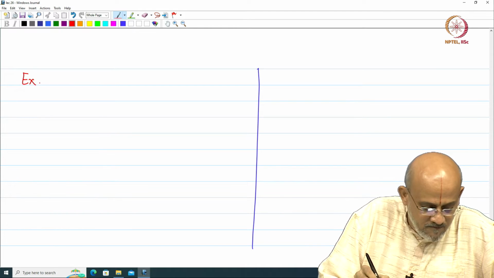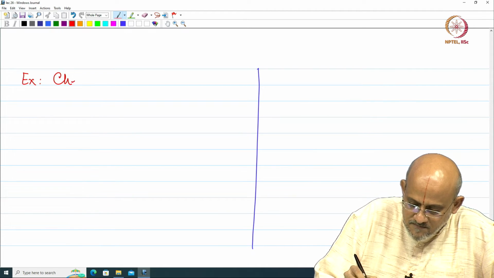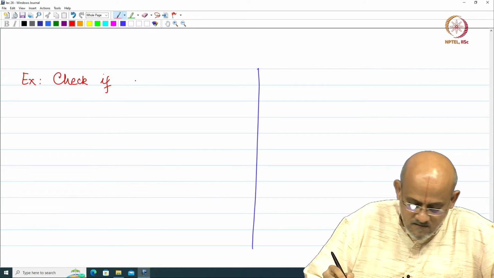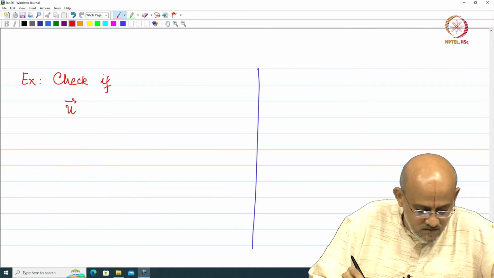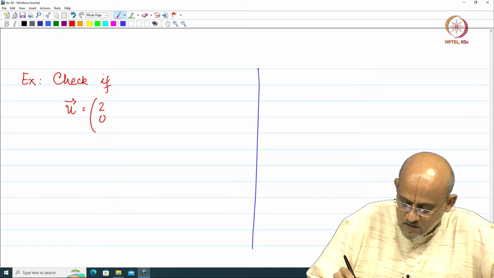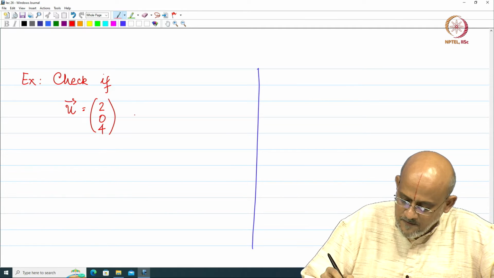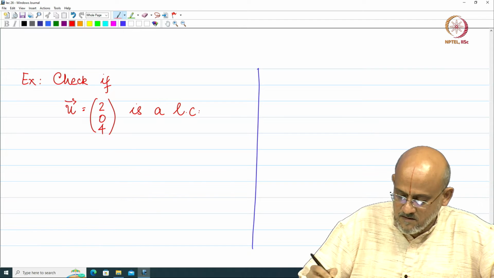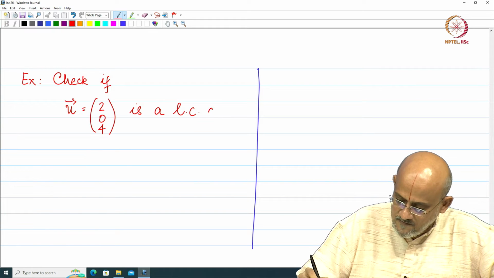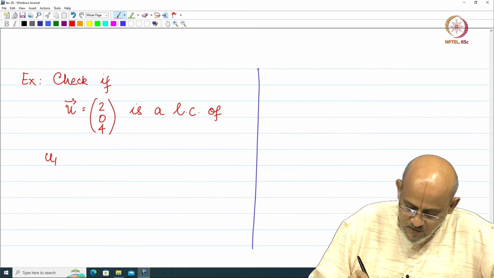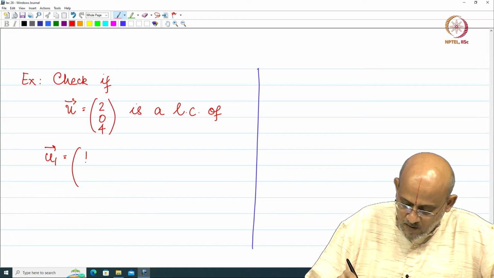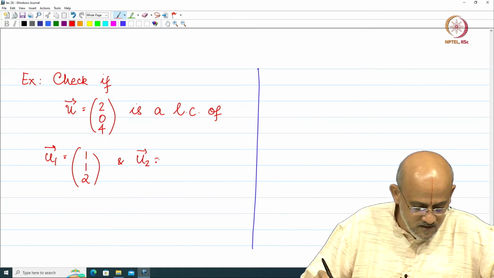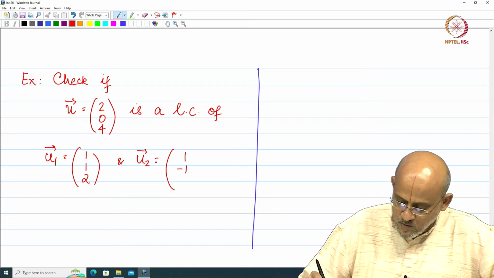Check if the vector u equal to 2 0 4, which we took yesterday, is a linear combination of the two vectors u1, given by 1 1 2, and u2, equal to 1 minus 1 1.